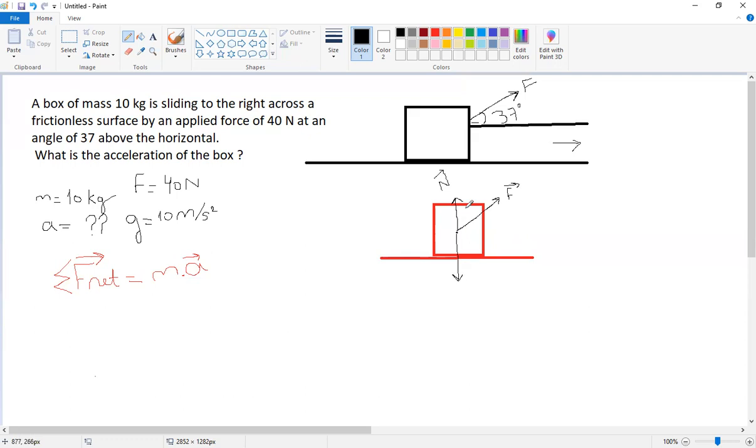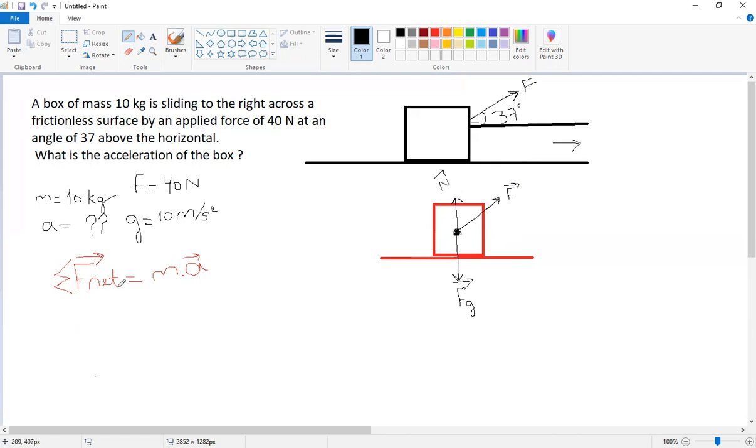The point of application of the forces is the center of the object, the center of the box. This is the weight. I will represent it by Fg, which is the gravitational force.